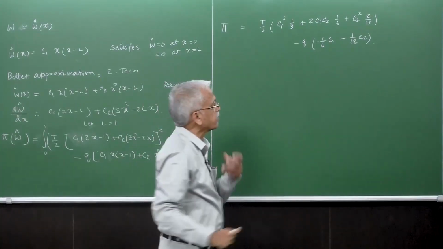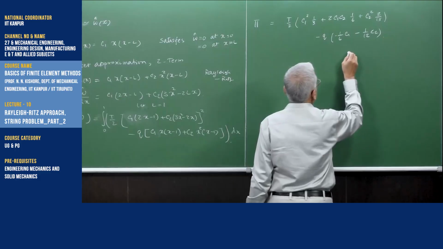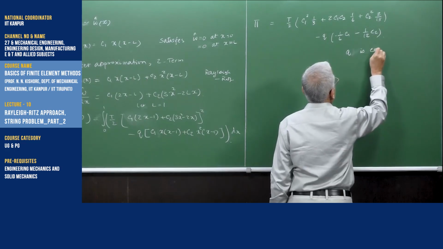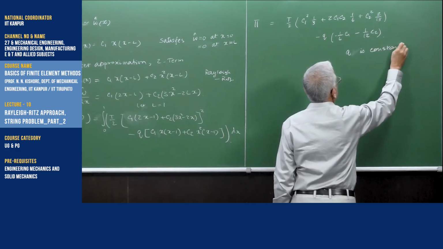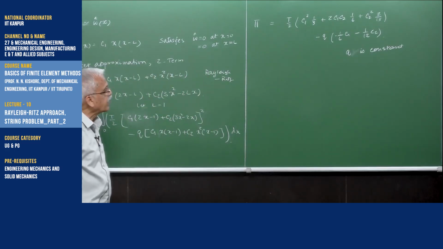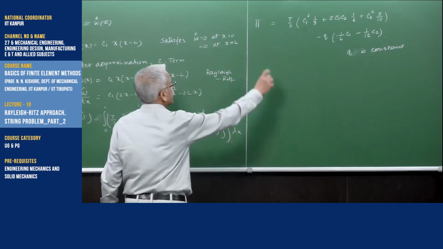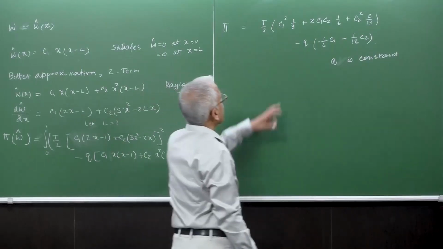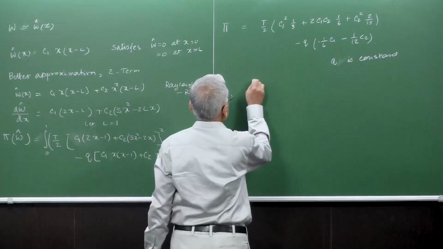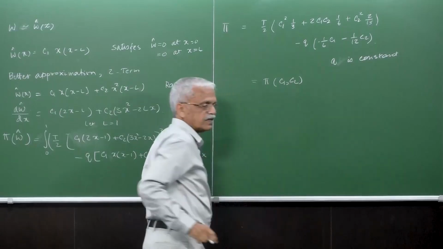Of course, here we have assumed that q is constant. So interestingly, what you can see here is that this potential energy pi, which is a function of W hat, finally turned out to be simplified as consisting of the constants C1, C2. So that means that this pi at this stage is a function of C1, C2.